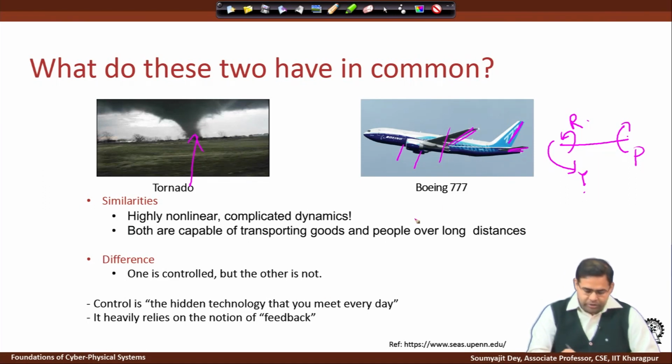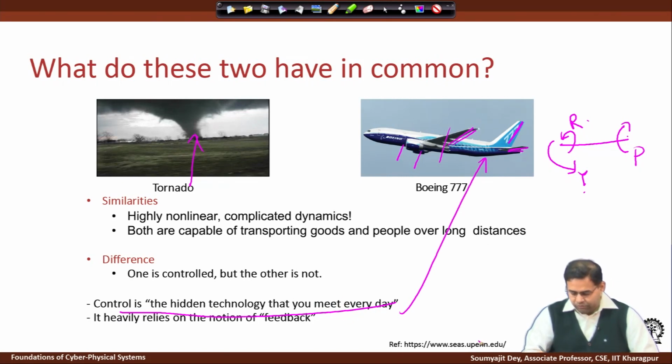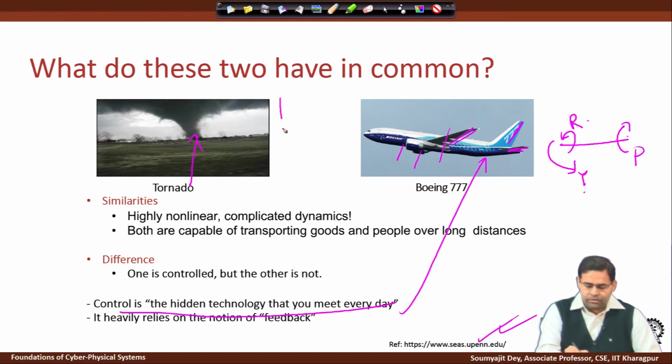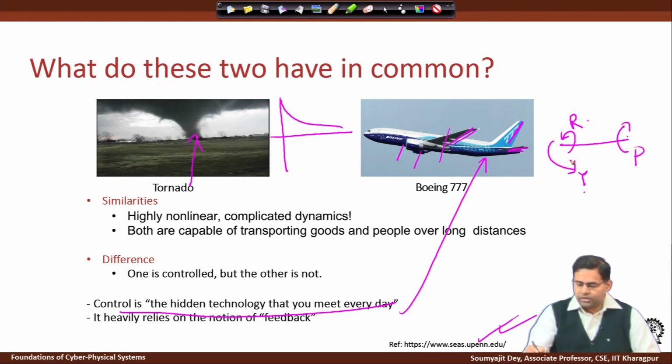So, in general, we can say that control is the hidden technology that we meet every day, right. That is an important quote we have from these references. And this idea of control heavily relies on the notion of feedback, like we just said. The plane wants to follow some intended trajectory, and based on the pilot's idea, he is giving some of these y, r and p commands.